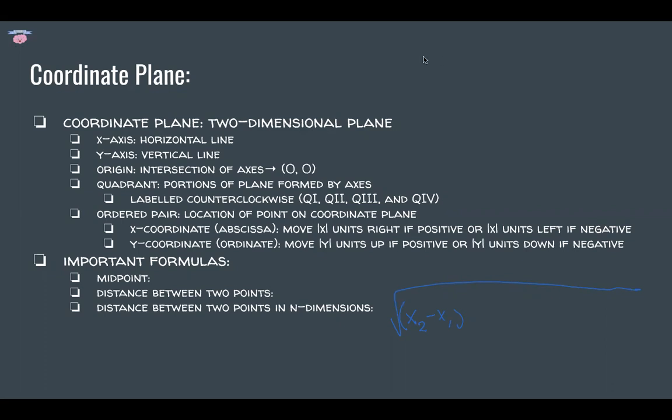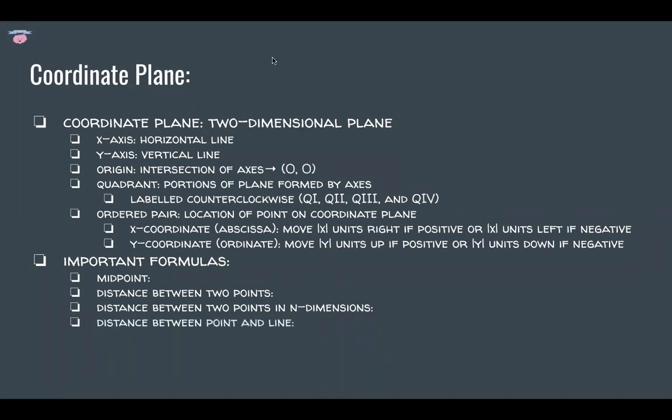Or let's just say we have 3 dimensions. Then you have to use the Pythagorean theorem twice, because here's the first one, and then the second one. This is the third dimension, basically. That formula, you can search it up online. It's pretty complicated, so I won't write it here.